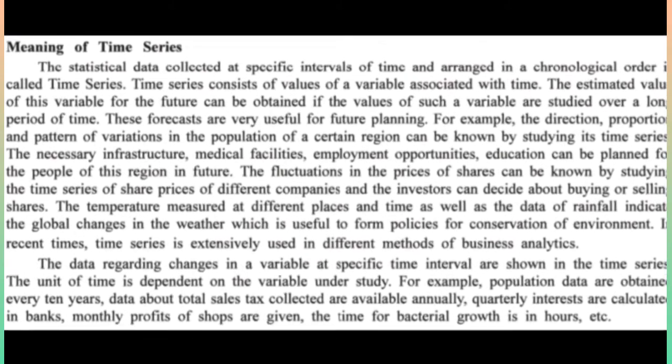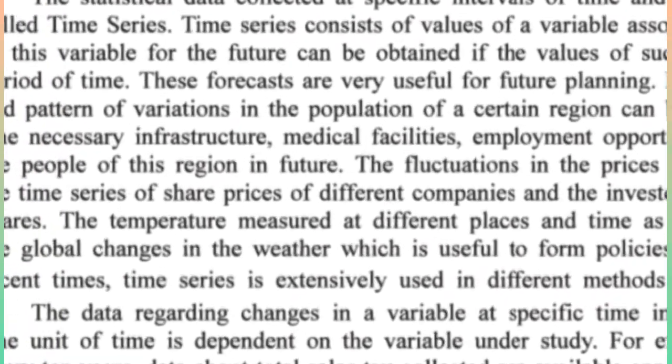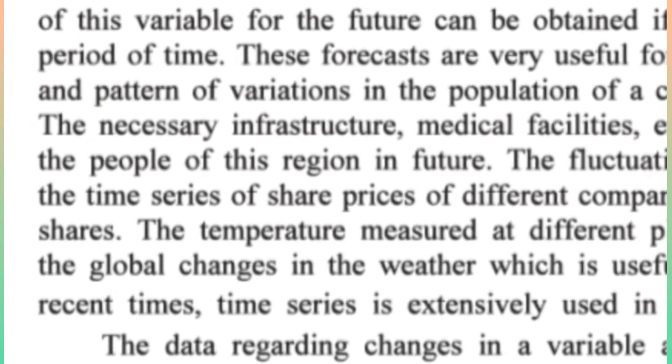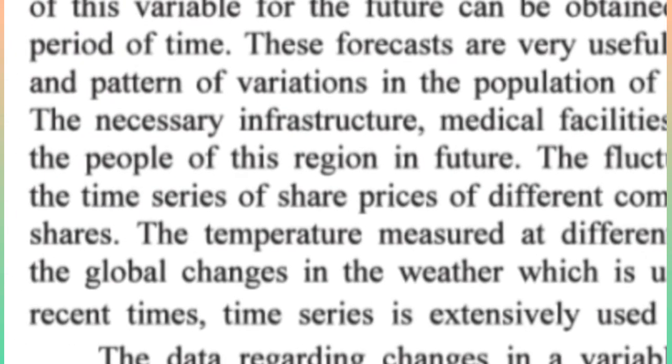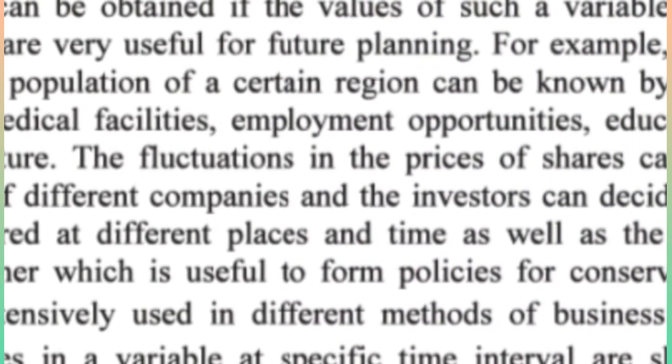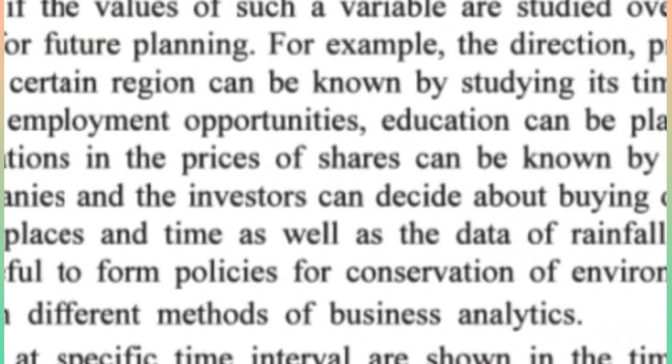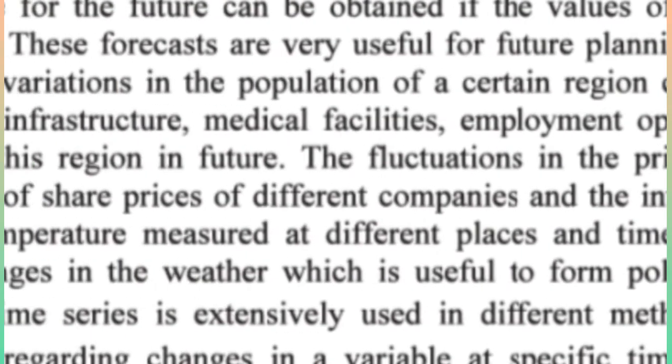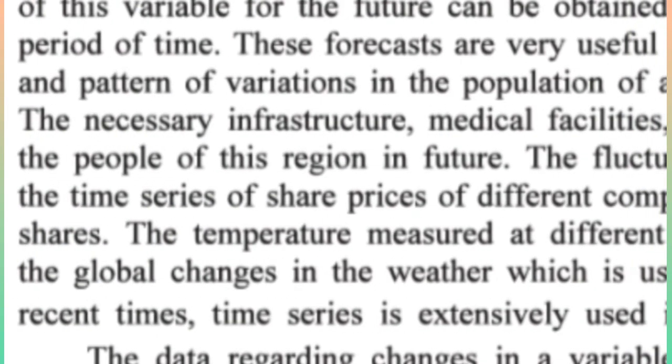Here we shall now see the meaning of the time series, right? As the meaning goes, see the first line: statistical data collected at specific intervals of time and arranged in a chronological order is called the time series.